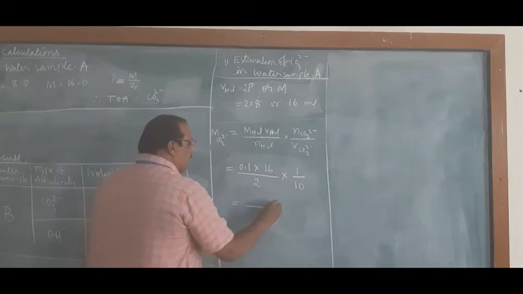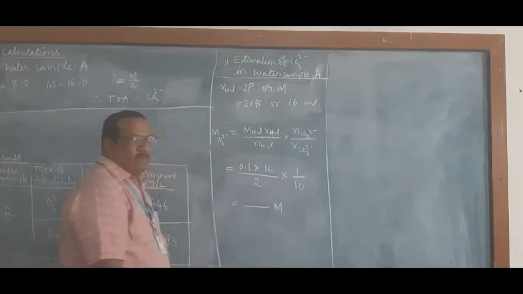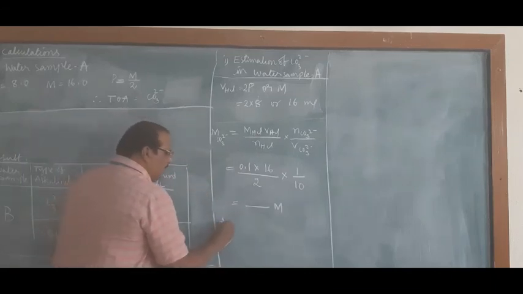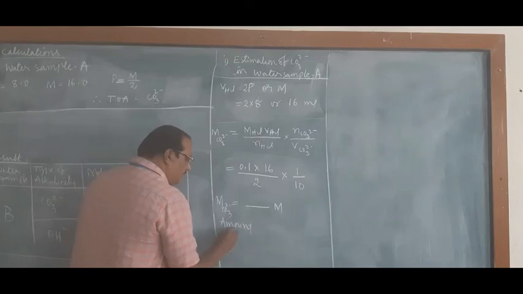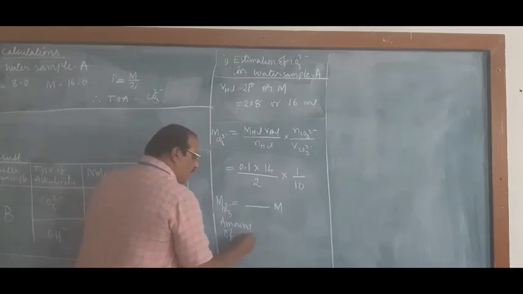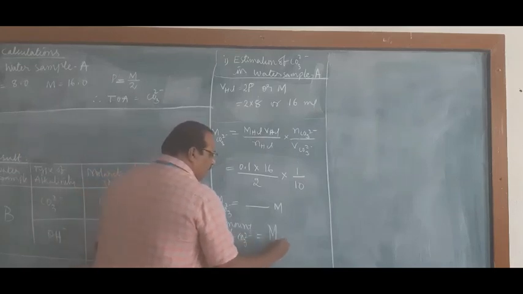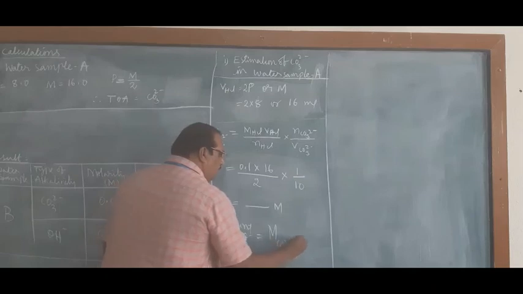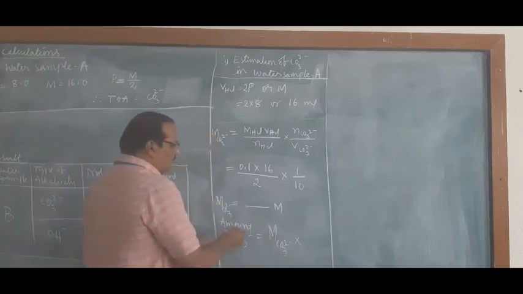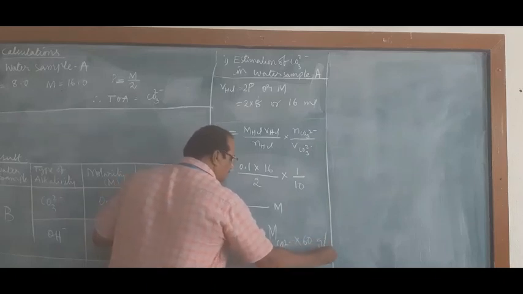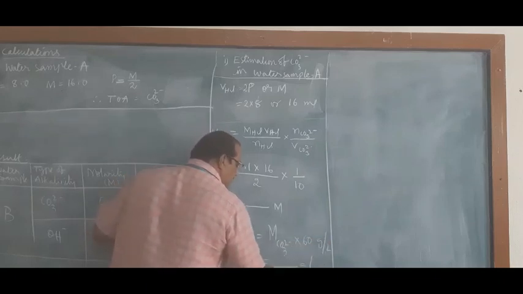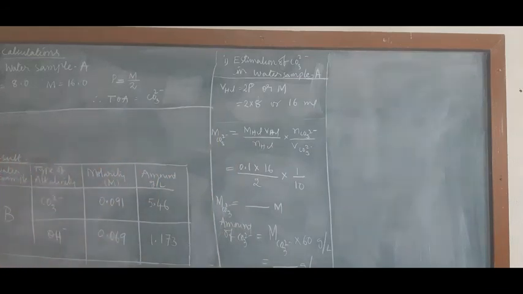The answer which is obtained is the molarity of carbonate. Then amount of carbonate is equal to molarity of carbonate into carbonate gram ionic weight, 60, in grams per liter. That is to be mentioned here.